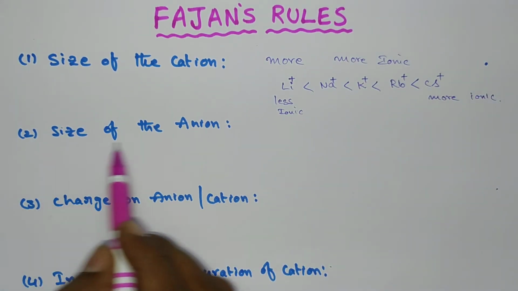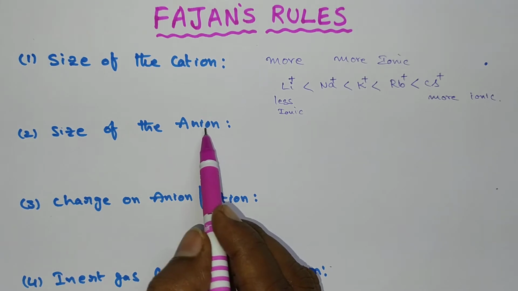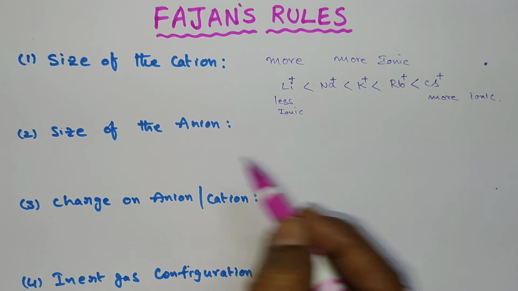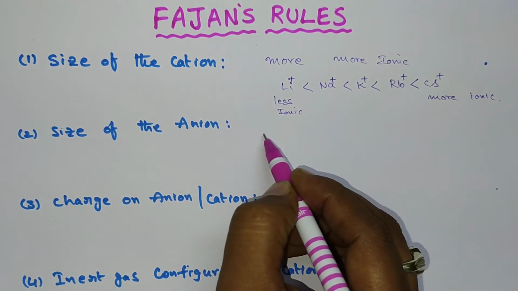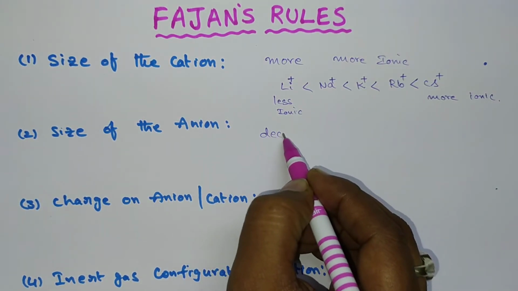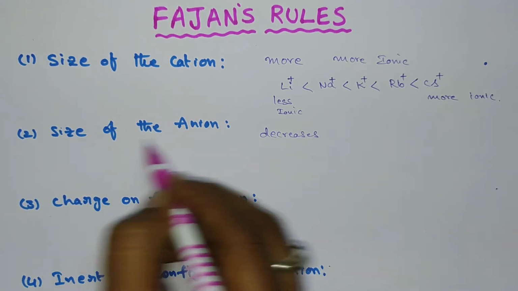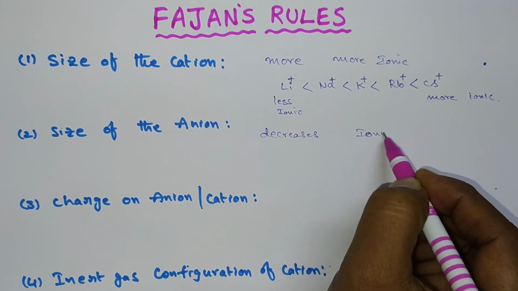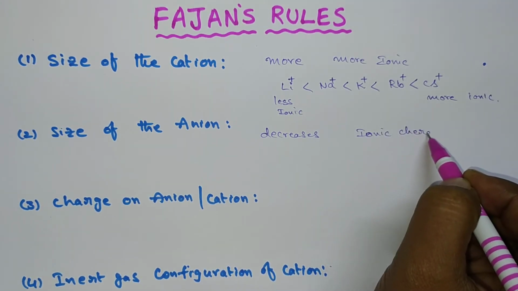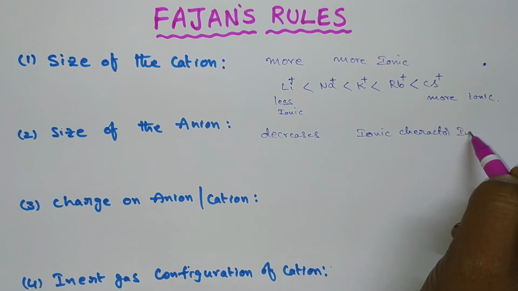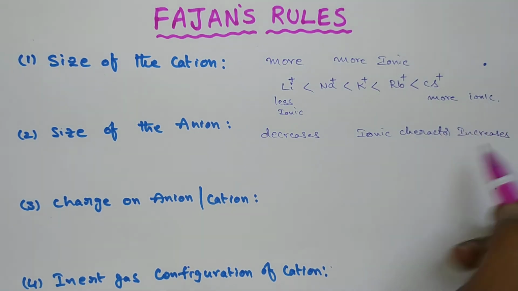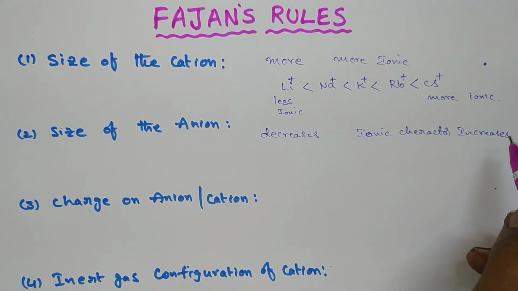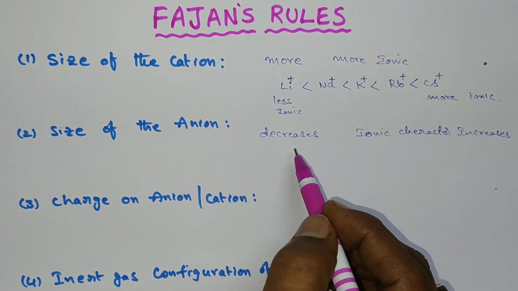In case of anions, if the size of the anion decreases, then the ionic character will be increased. If the size of the anion increases, then the ionic character decreases. So let us consider the anions.